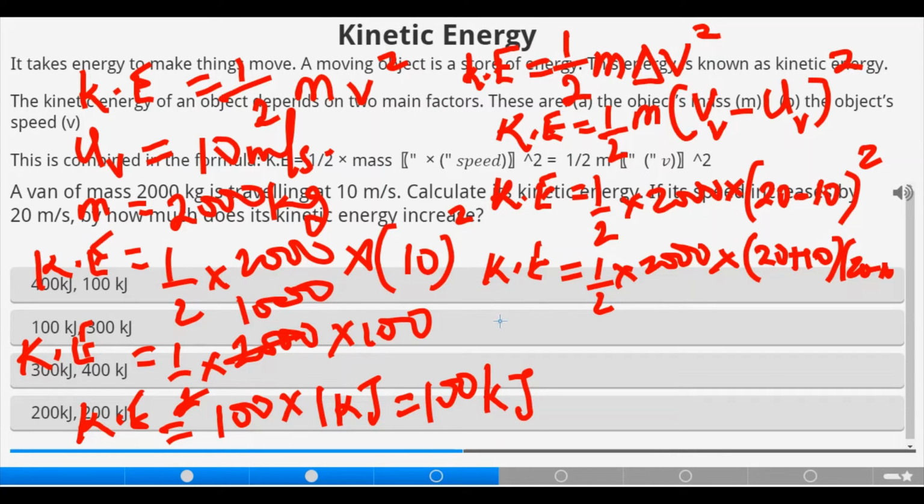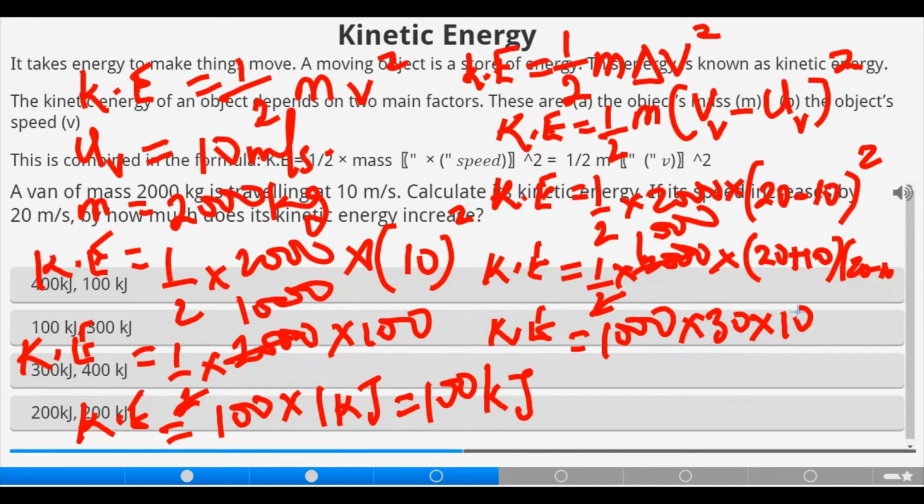So with that, kinetic energy now becomes 2 in 2,000, that's 1,000 times 30 times 10.